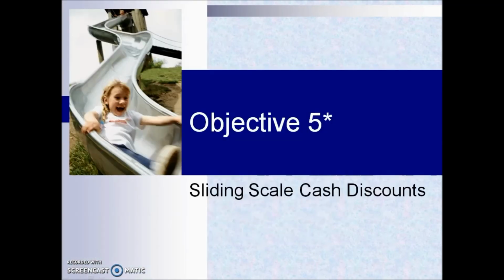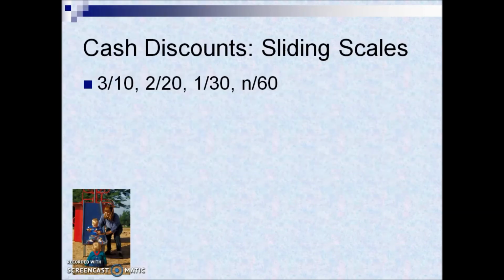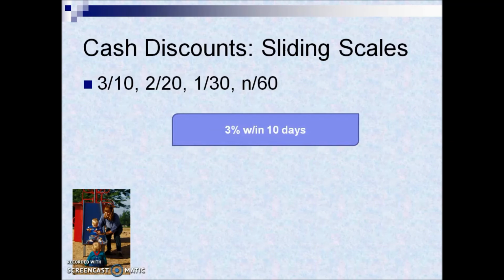We're going to look at one more type of cash discount. This is known as a sliding scale, and here's an example of one. What this translates into is giving the purchaser many options for getting the bill paid ahead of time. If paid within 10 days, they have a 3% discount.